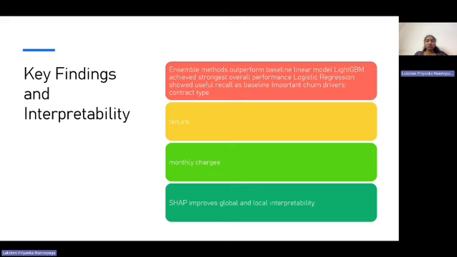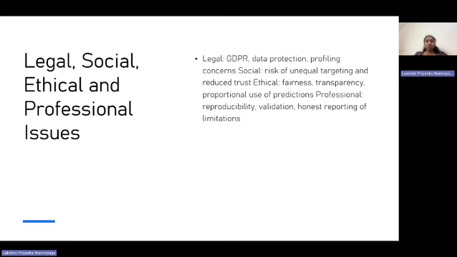The analysis also shows that contract type and monthly charges are the most influential predictors of churn. To make the model more actionable, SHAP is used to explain predictions both globally and at individual level, which is valuable for business decision making.